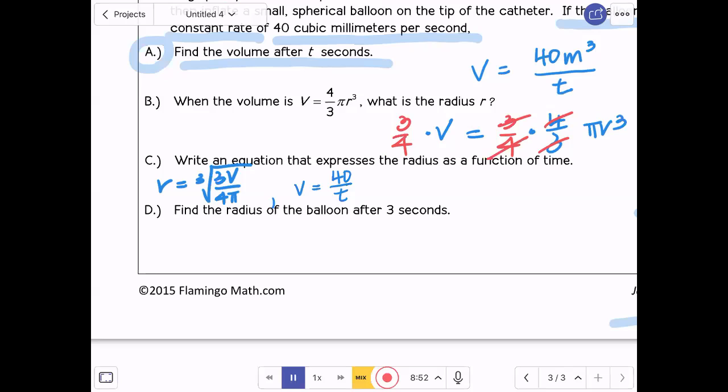Since we're looking for the equation of the radius, we are going to replace this V with 40t. Now we get, for the new function, r is equal to the cube root of 3 times 40t over 4 pi.